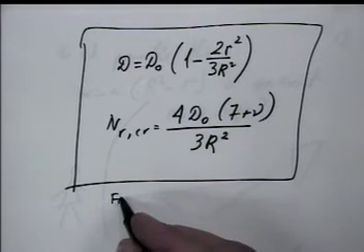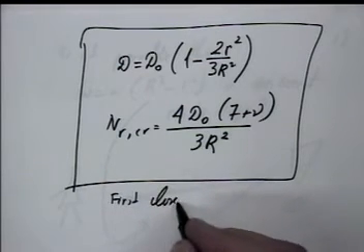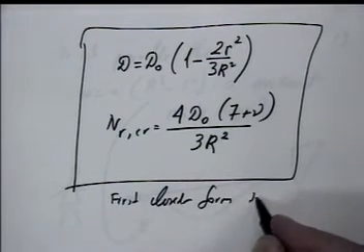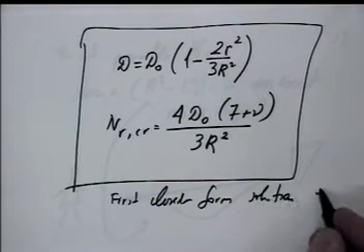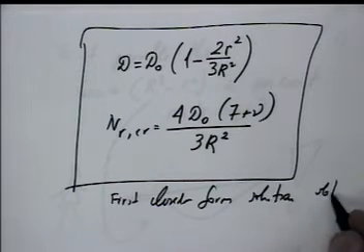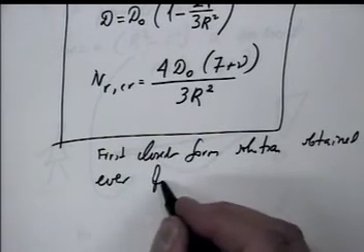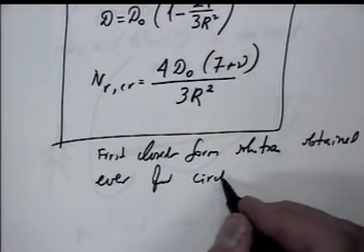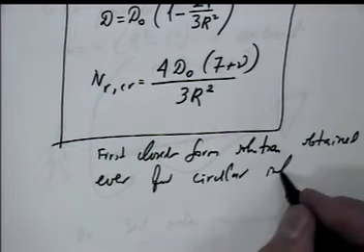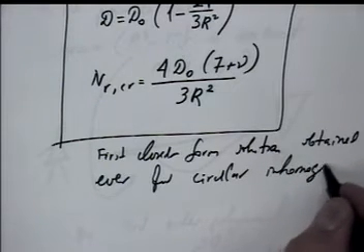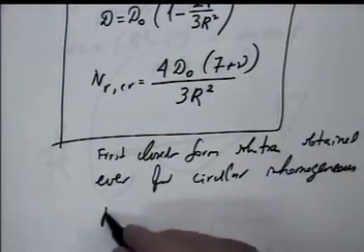That is the first closed form solution obtained ever for circular inhomogeneous plate buckling.